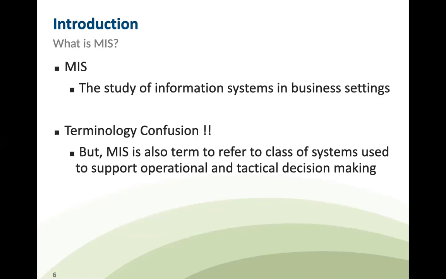And then we come to the topic management information system, simply MIS. So MIS means the study of information systems in business settings. Now you know what information systems are: a combination of hardware, software, data, and human resources. When we use them in business settings, that is known as management information system. But there can be terminology confusion, because MIS is also used to refer to a class of systems used to support operational and tactical decision making.